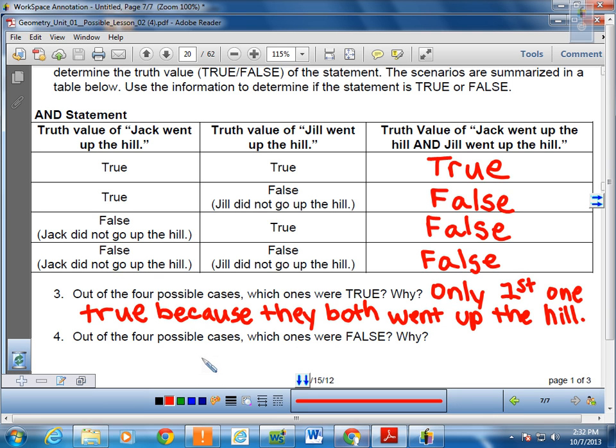Out of the 4 possible cases, which ones were false and why? The statement is false when at least one of them does not go up the hill.